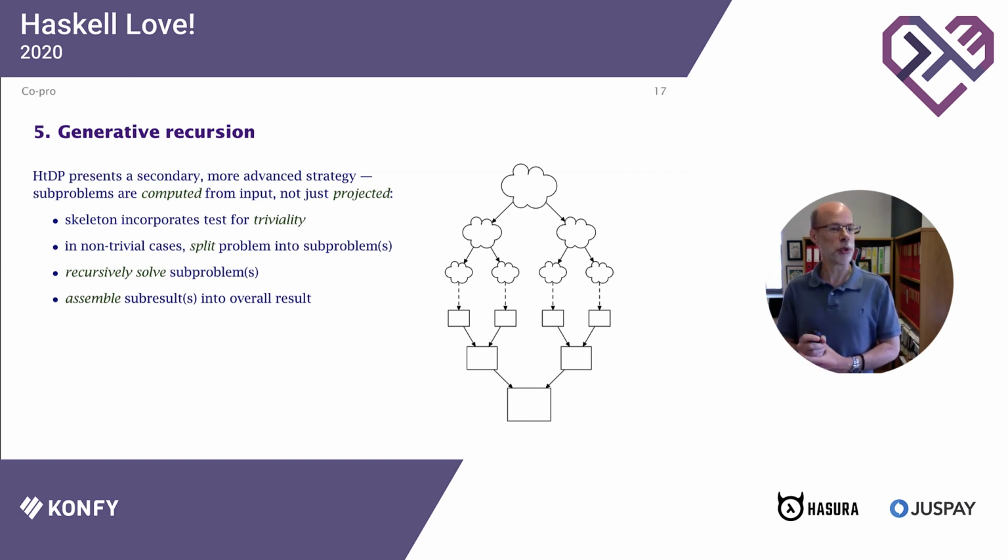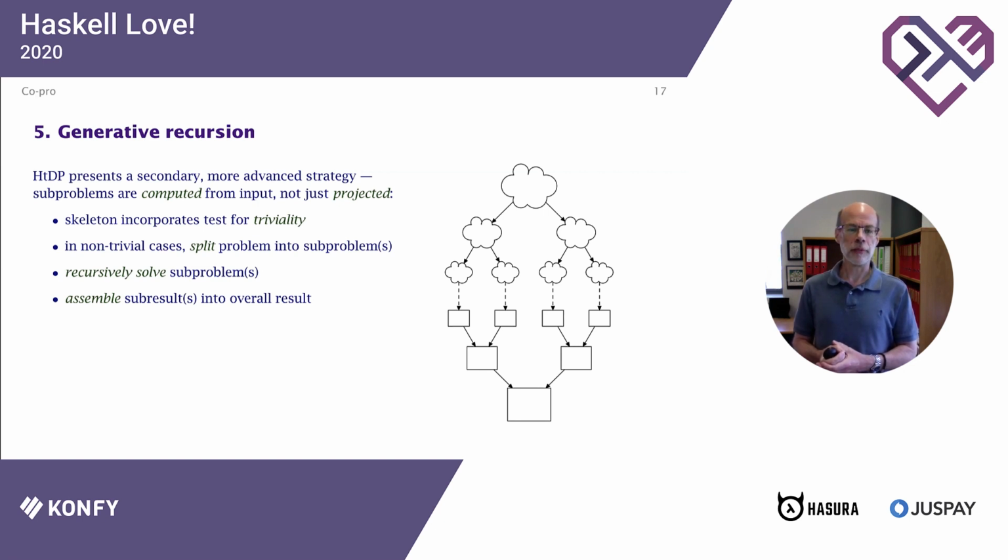It's a very trivial computation to produce a subproblem on which you do a recursive call. Generative recursion is where you do something more significant than just projection to extract the data for a recursive call. Some real computation is involved in finding the subproblems on which you do that recursive call.